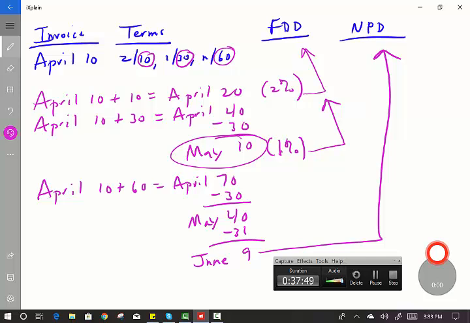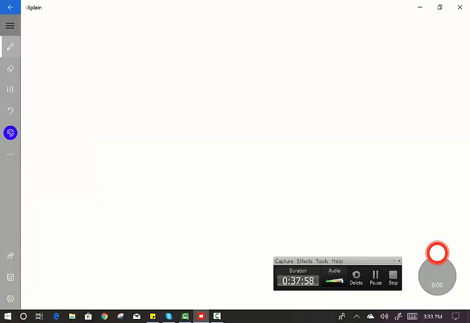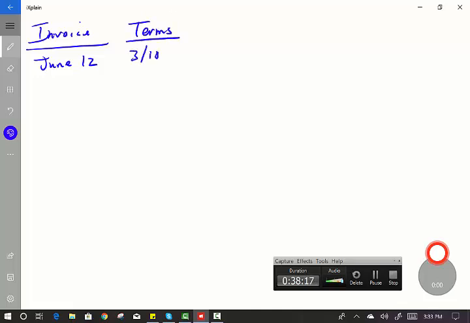Okay, number 13. June the 12th is the invoice date. And the terms are a 3% discount if taken within 10 days from the end of the month, EOM or Proximo, by the way.